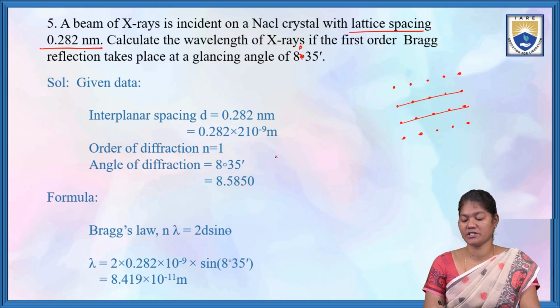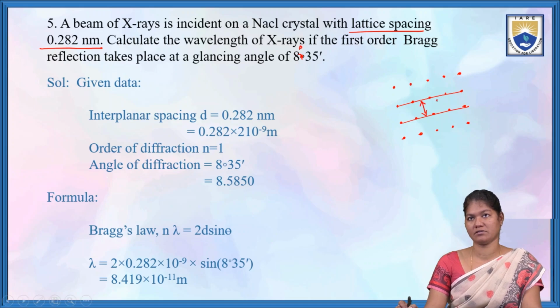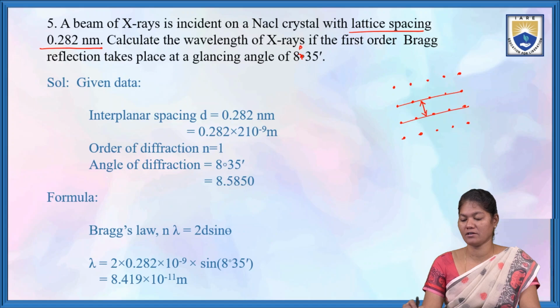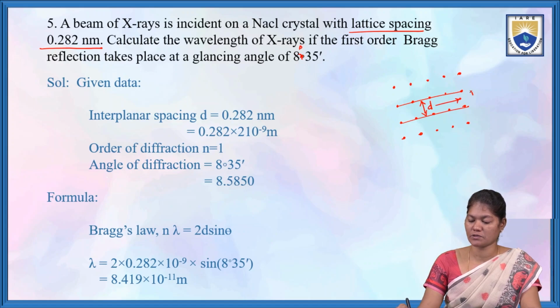Lattice spacing means the interplanar spacing, that is the distance between two parallel planes, the D value. This is for a sodium chloride crystal.